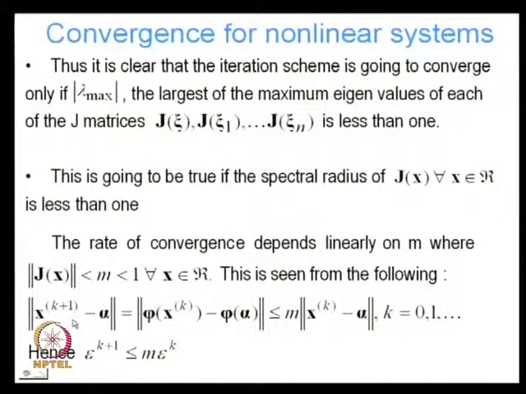It is the error at the k plus 1th iteration, because it is the value of the iterate at k plus 1 minus the root. Similarly, this is the error at k, because it is the value of the iterate minus the root. So we have epsilon k plus 1 is less than or equal to m times epsilon k. Whatever is the value of m, that is going to govern my convergence.